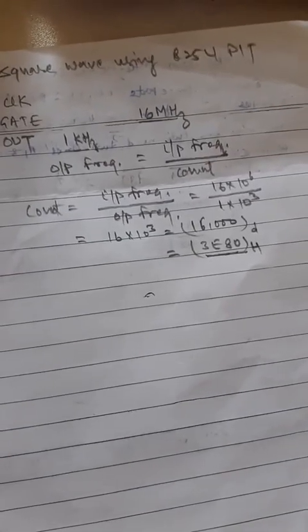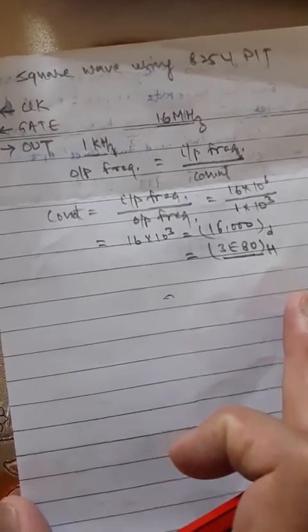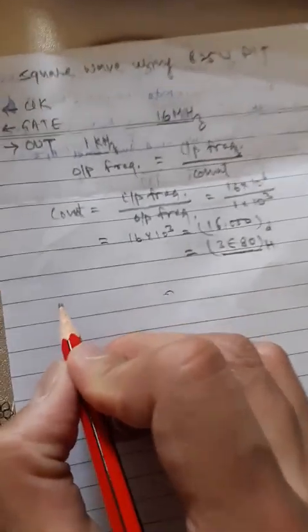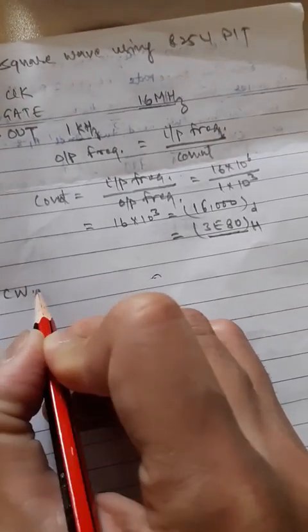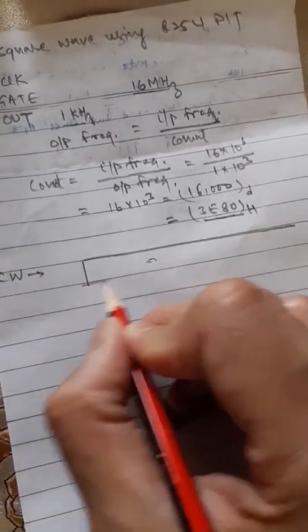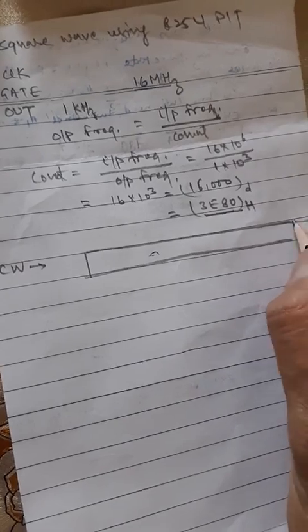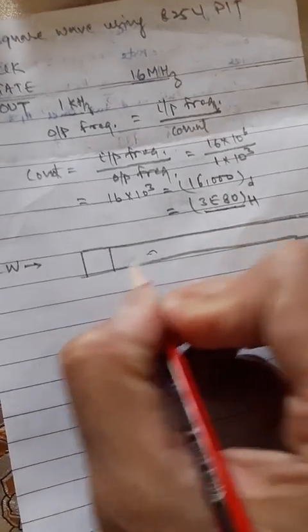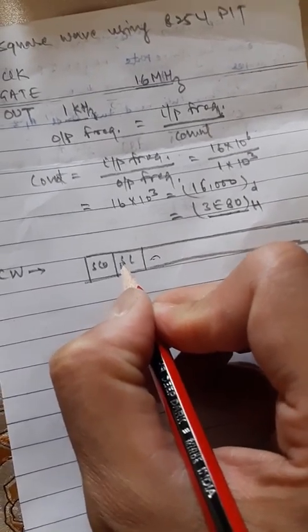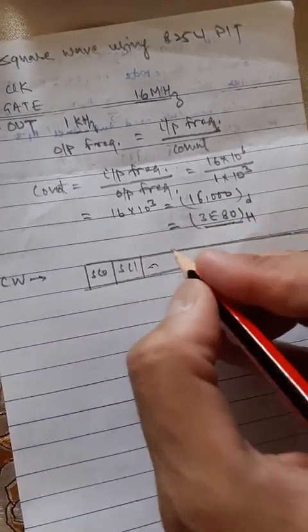Now before writing the program to generate the square wave, first we need to form a command word for the 8254, so that the MPU initializes the 8254 using that command word. I told you the bits of that command word earlier, when we were discussing the 8254 in great detail. The first two bits are SC1 and SC0.